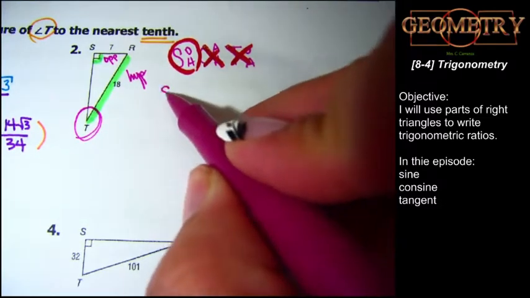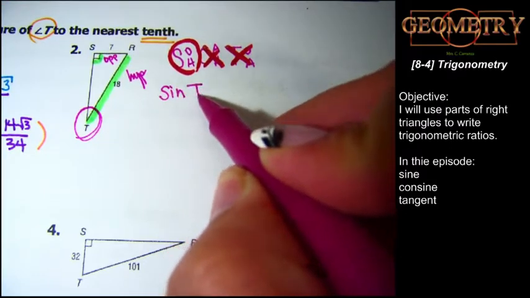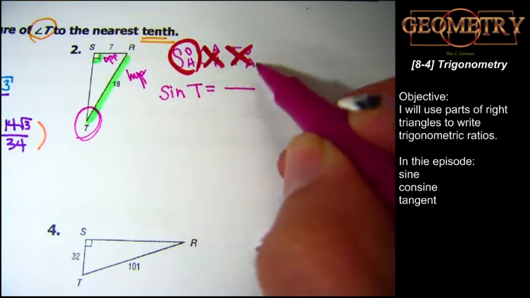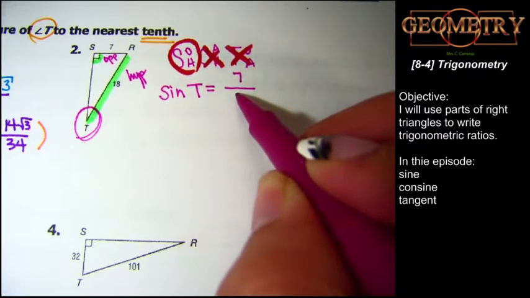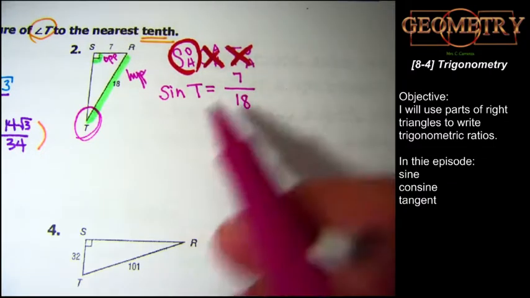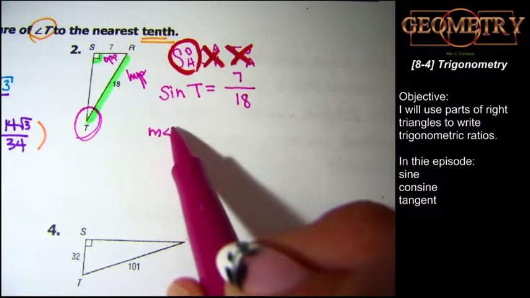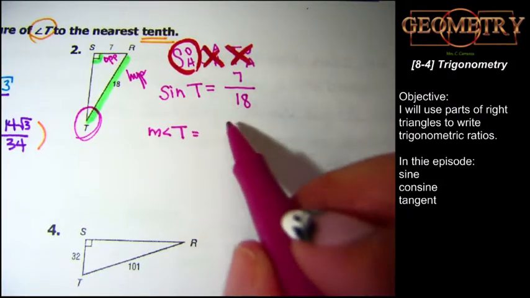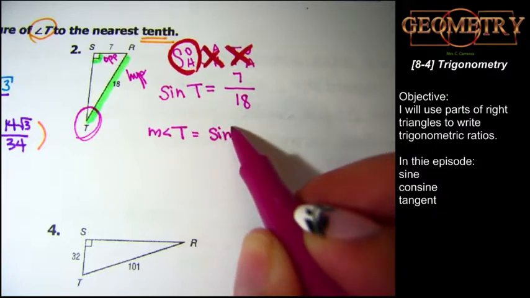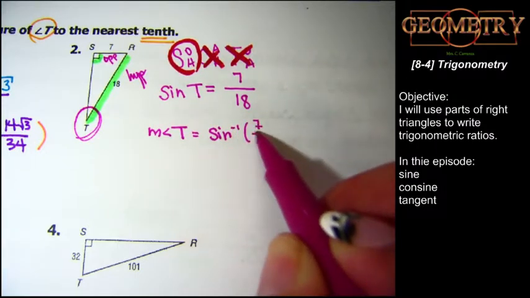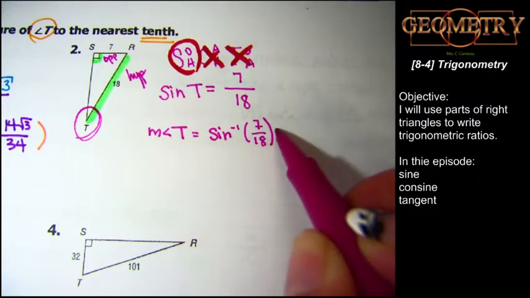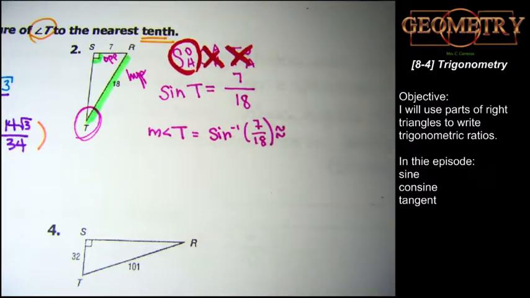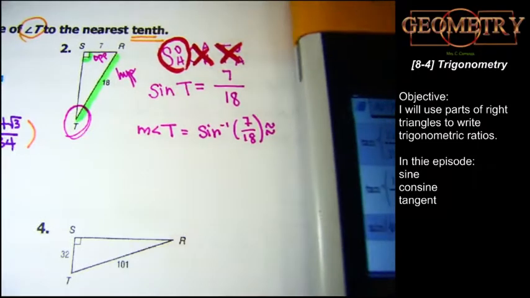All right, so the sine of angle T equals the measure of the opposite divided by the measure of the hypotenuse. To calculate the measure of angle T, then I need to undo what sine is doing, and that's using the inverse of sine. I'm going to grab a hero.